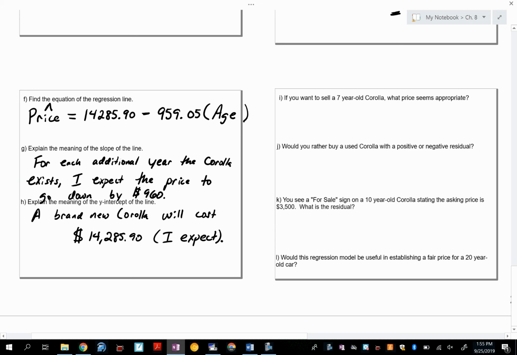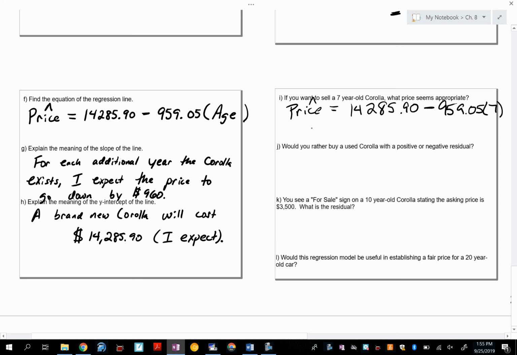So if we wanted to actually sell our personal 7-year-old Corolla and see what the model says we should sell it at, all I'm going to do is take our model and replace age with 7. So I'm just going to write price hat equals 14,285.9 minus 959.05 times 7.